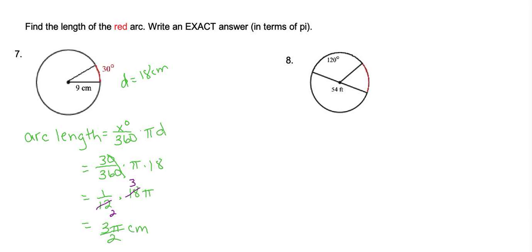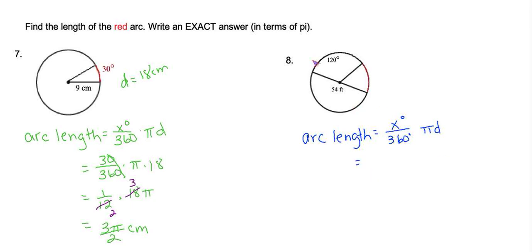Okay, next, I'm going to find arc length again. So remember, arc length, I'm going to write my formula down, is x degrees, that's my arc measure, over 360 degrees times pi d. So for this problem, I have to find this arc measure.